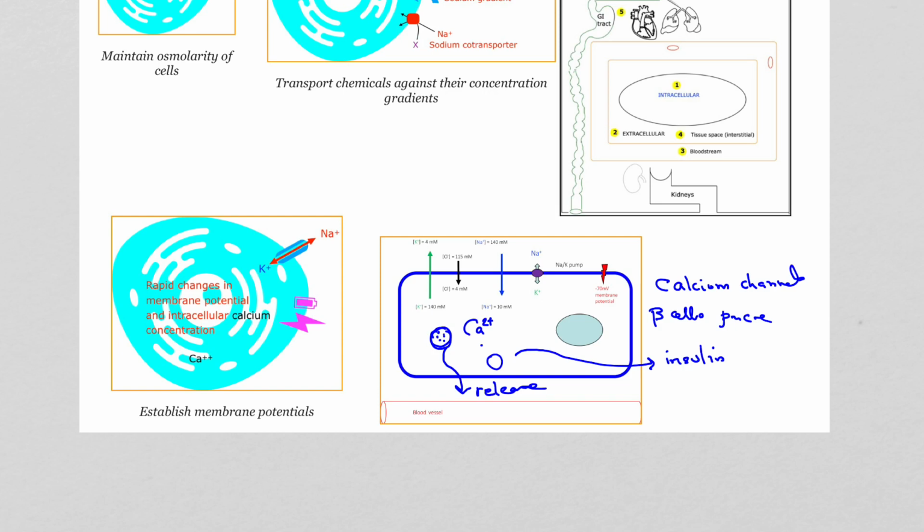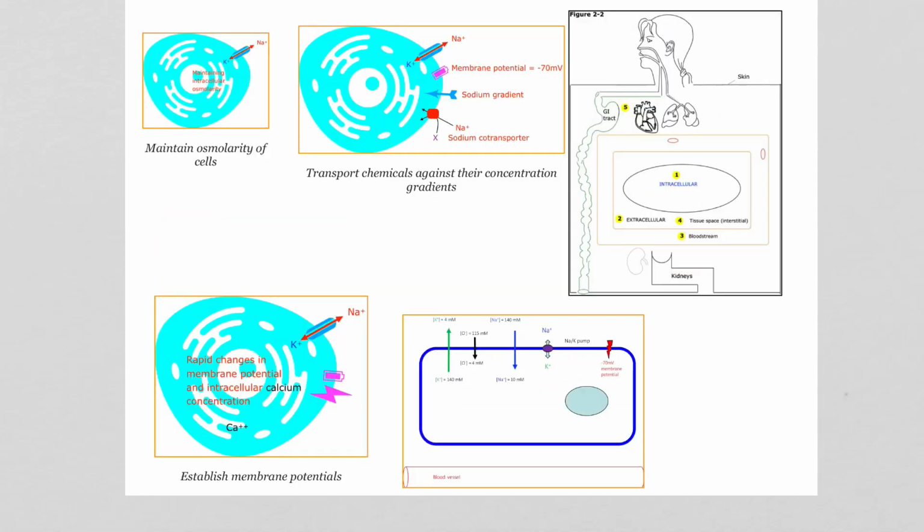Similarly, calcium affects skeletal muscle, smooth muscle, and cardiac muscle contraction, and so on. So these sodium-potassium pumps play a very important role in physiology as well as pathology. And you can see why they are important to cells.